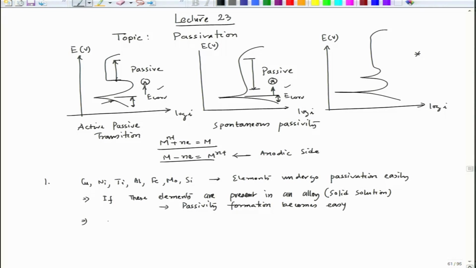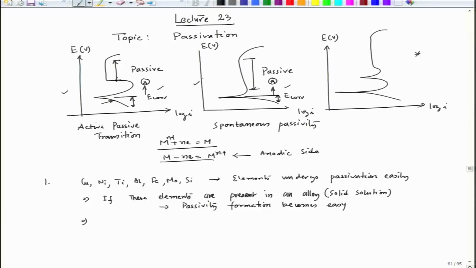It can go into active passive mode, that is this mode, or it can have spontaneous passivity, depending on whether the passive layer is already formed on the metal surface when we expose it to the environment, that electrolyte, or in some cases it could be a nascent phase, and then in that electrolyte the passive layer forms.